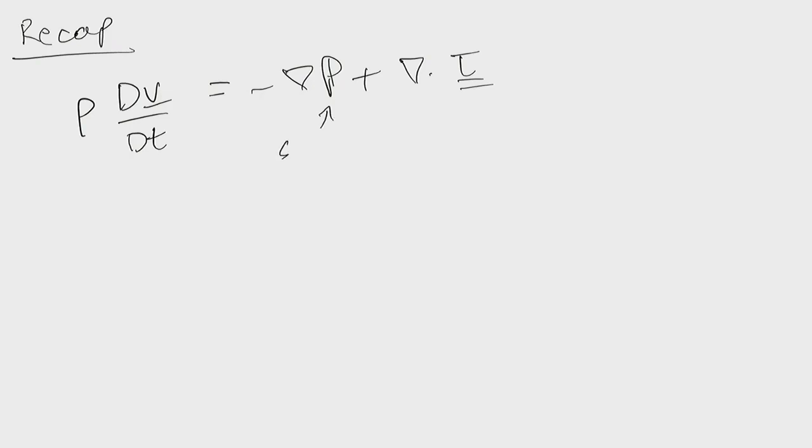Again, script p contains both the gravitational term as well as the pressure gradient. Okay, so this is, again, the dynamic pressure.